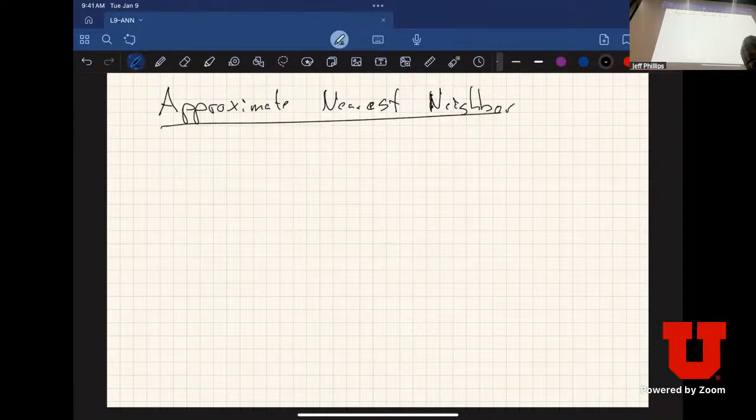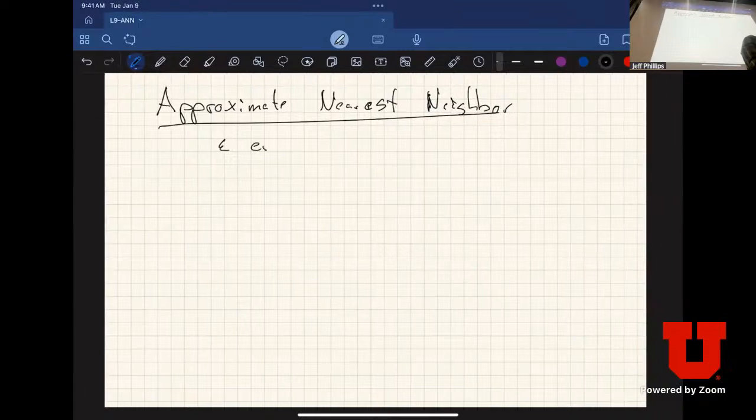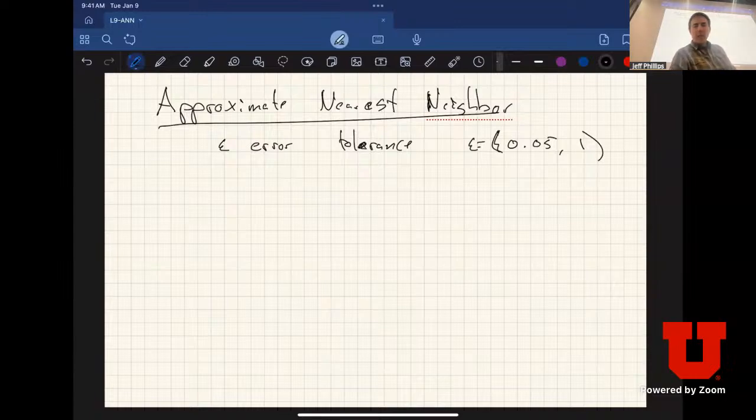And I'm given usually some epsilon error, so tolerance. Think of epsilon as being something usually in the range of 0.05 to maybe 1. Okay, and a 1-approximate nearest neighbor might be off by twice as big. So let me define.